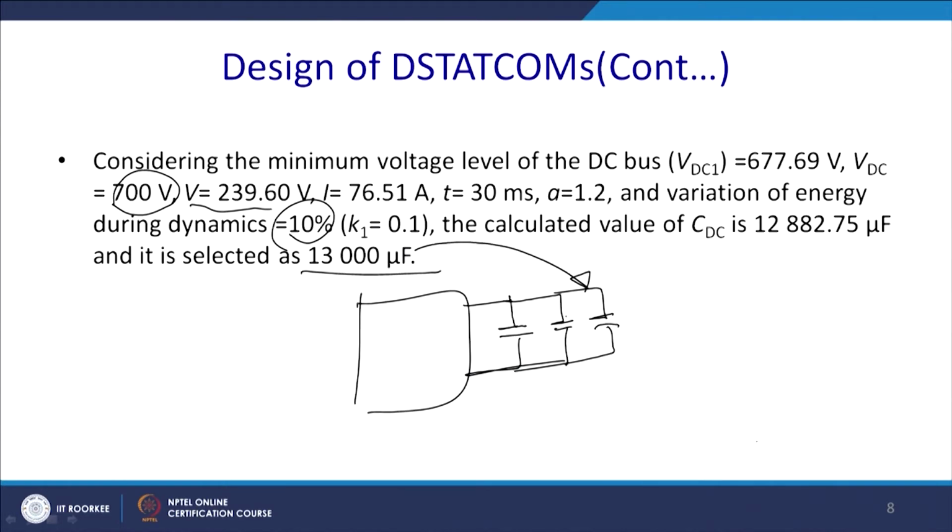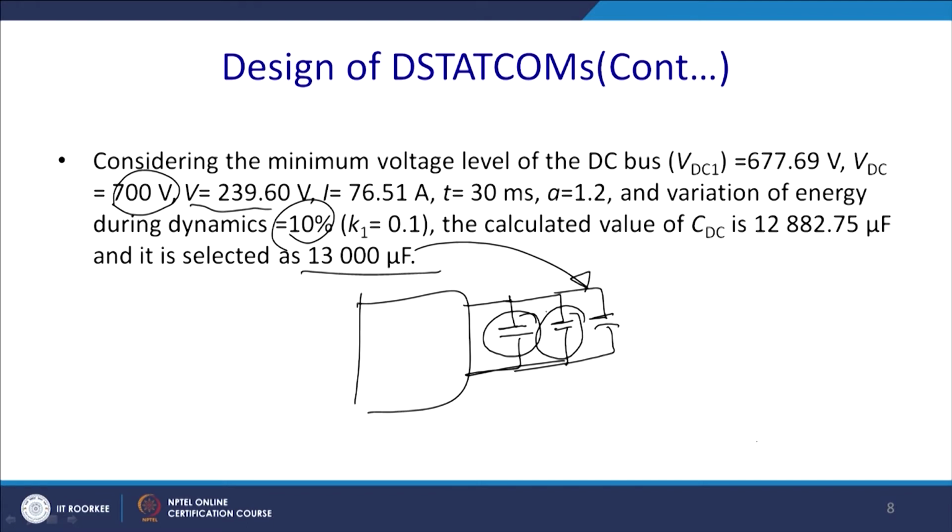So, you are required to also calculate their values here. What happened? So, this value corresponds to this electrolytic capacitor, and ultimately you have a small tantalum capacitor and you have a small ceramic capacitor.